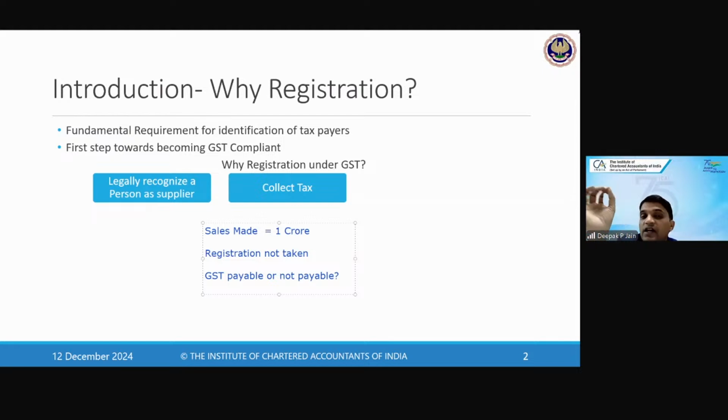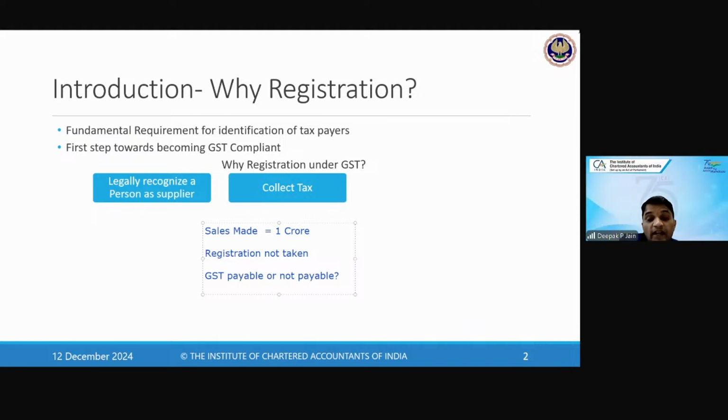The levy provision itself starts with these words that there shall be leviable a tax called goods and service tax on all supply of goods or services. So when you make any supply, whether you are registered or unregistered, once you cross the threshold limit, you are liable to pay GST. How you will pay, that's a separate aspect. But whether it is payable, the answer is yes.